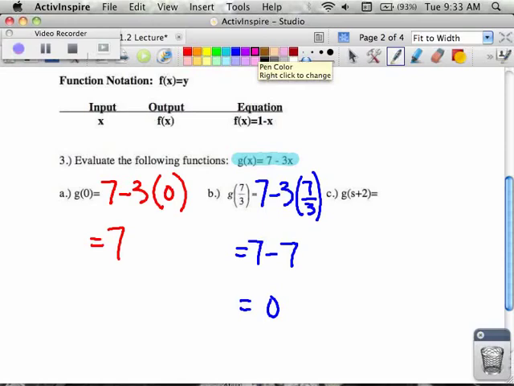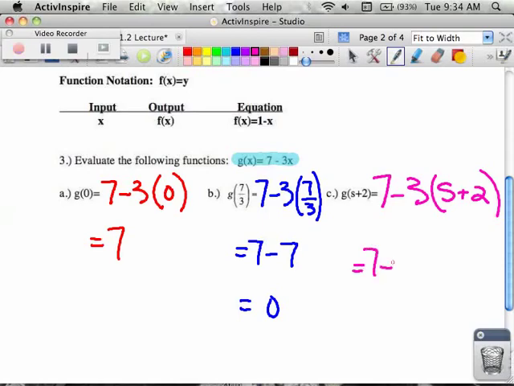So now this becomes 7 minus 3 times s plus 2. This, of course, means I have to use the distributive property. So now that's going to be equal to 7 minus 3s minus 6, because the negative 3 got multiplied by the s and the 2, which then turns out to be, in simplified format, 1 minus 3s.